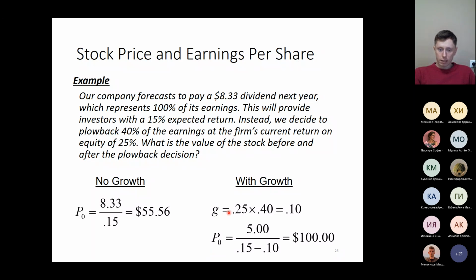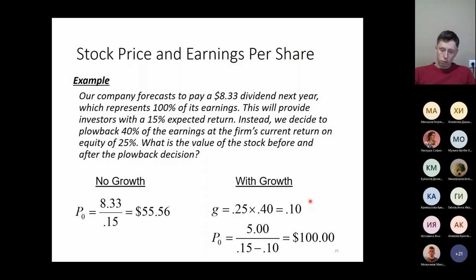First, let's estimate the growth rate. In order to do it, as we discussed, we multiply the return on equity, the growth rate of the business, by the plowback ratio, the fraction of the money that goes back to the business. And this would be the growth rate of the whole firm.